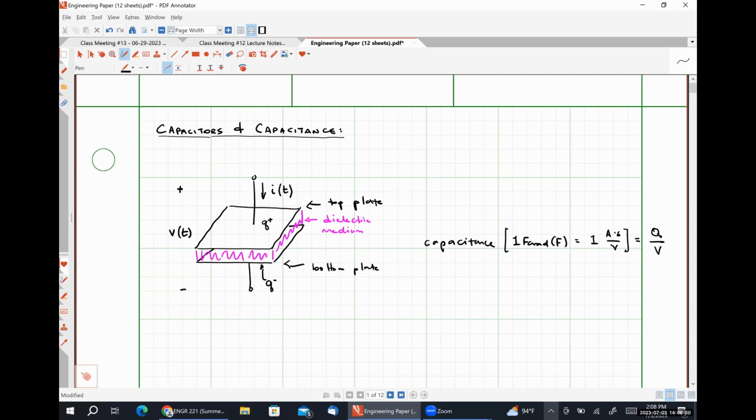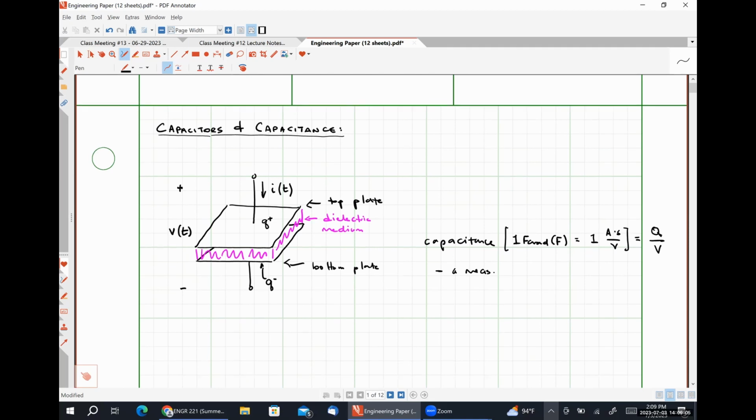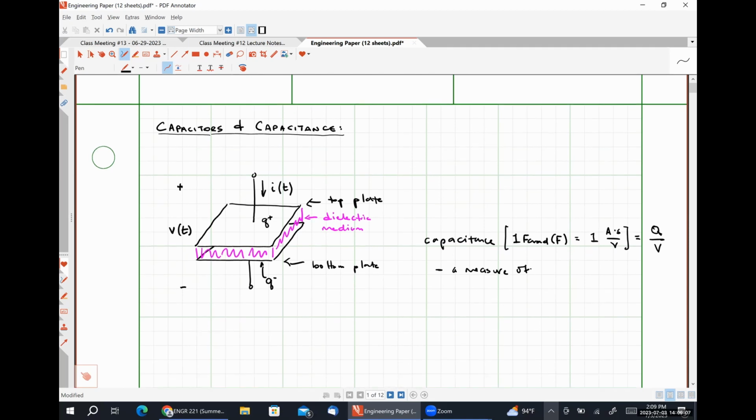So capacitance can be thought of as a measure of how an element behaves to a varying electric field.